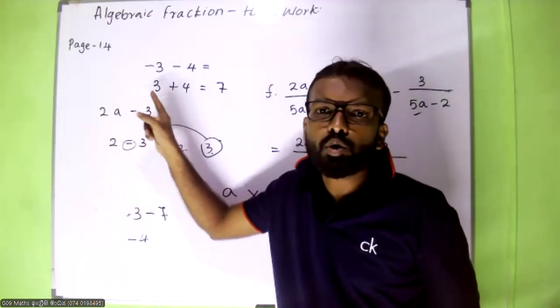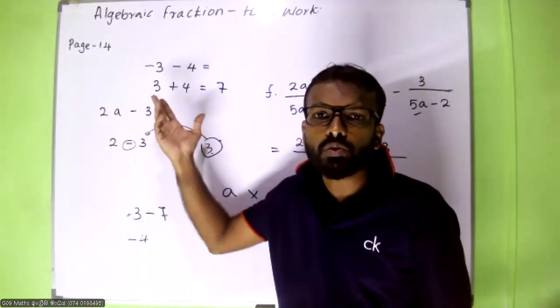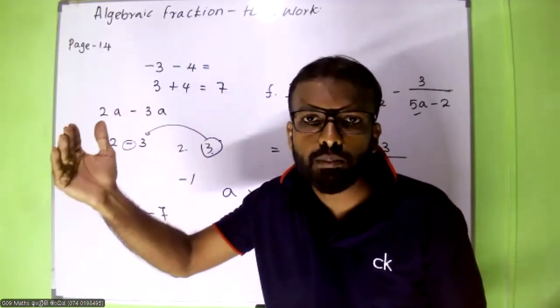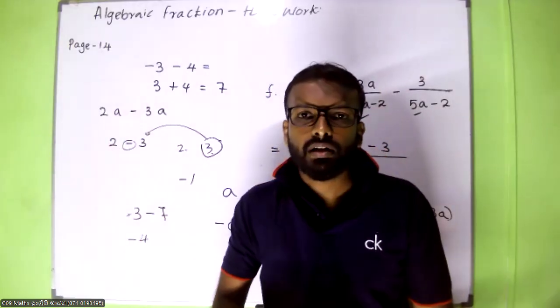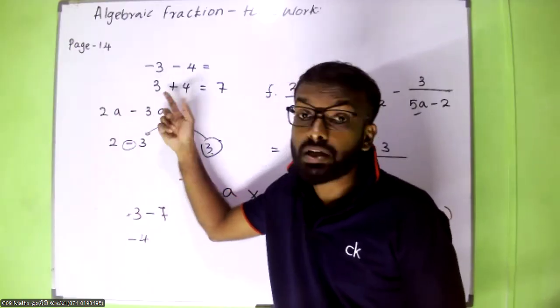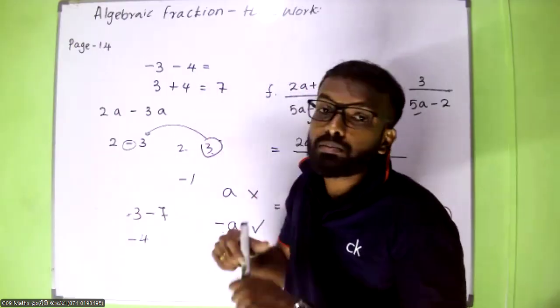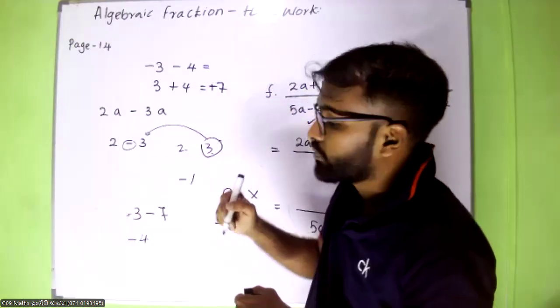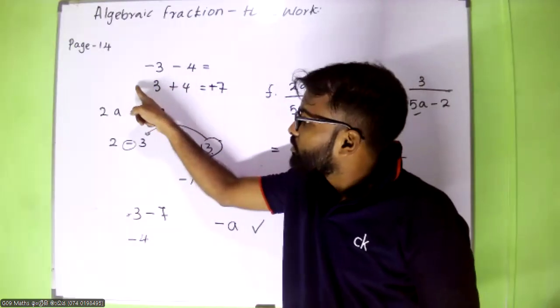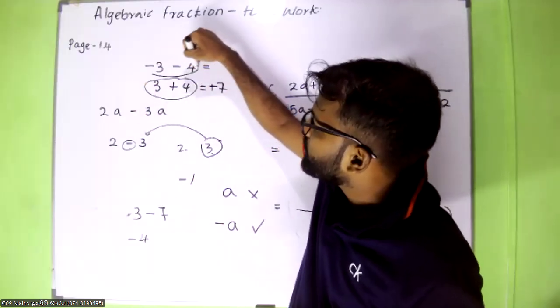What is the sign of both numbers? Positive 3, positive 4. If you have the same signs, just add the numbers, and it will get the same sign, positive. Apply the same theory to this one as well.